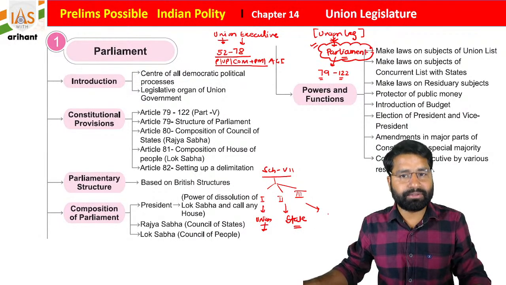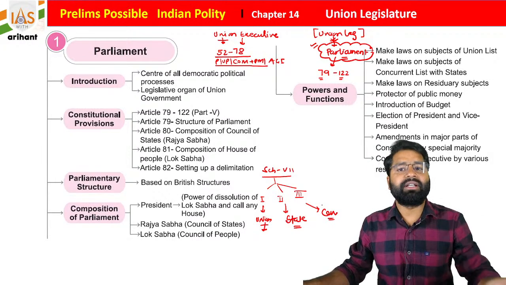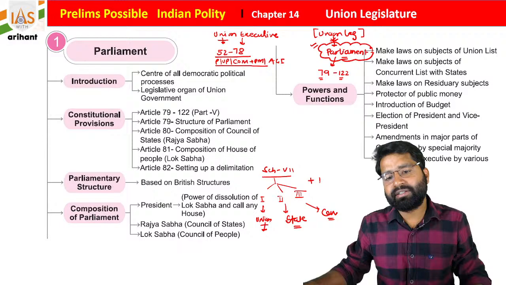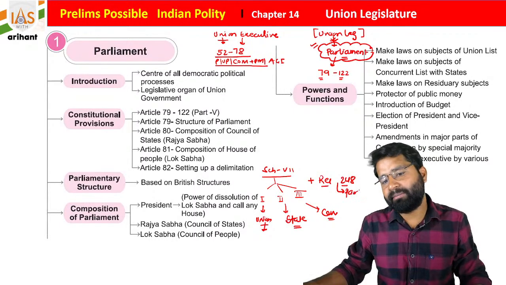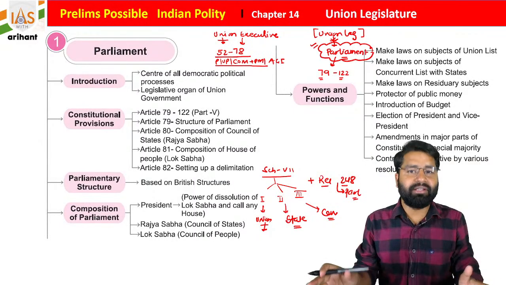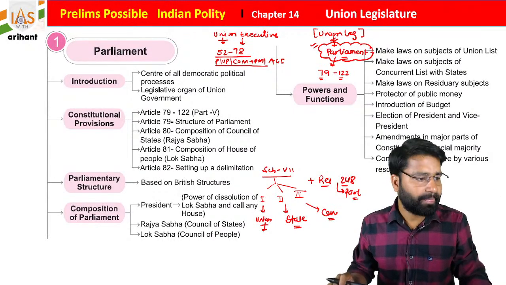And the third one is the concurrent list, where both center and state create law. And there is a residuary power, students, by article 248, and this power is given to the parliament. So parliament has the power to create any law if something is not in the state list, union list or concurrent list. I hope you all are getting it.